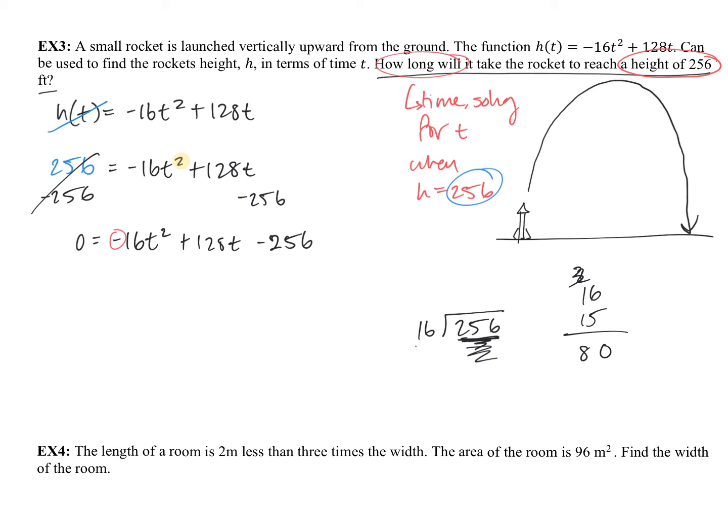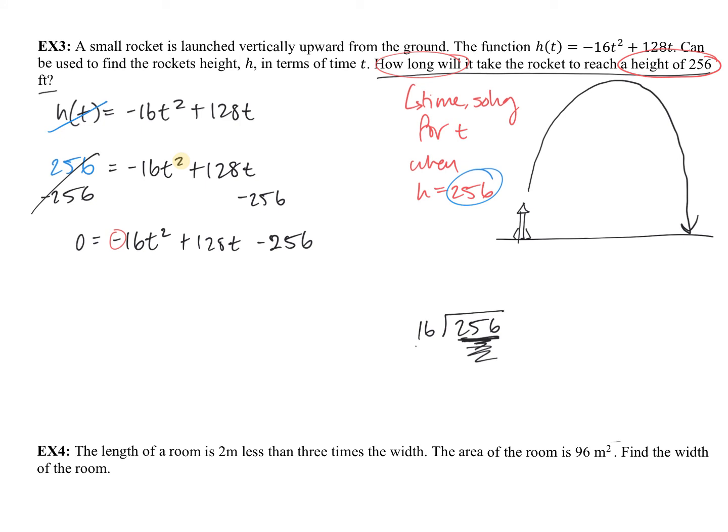Plus 3, 80. So it'll be 0. 8 and 6 is going to give me what? 14? 240. Ooh, that's really close. In fact, if I add 16 to this, I'll get 256. Okay, so I know that 16 times 16 would be 256.